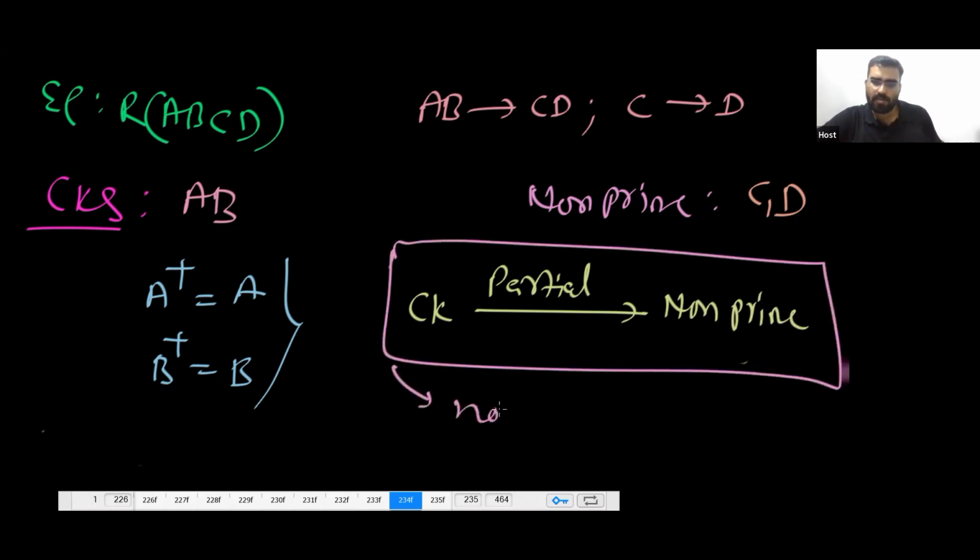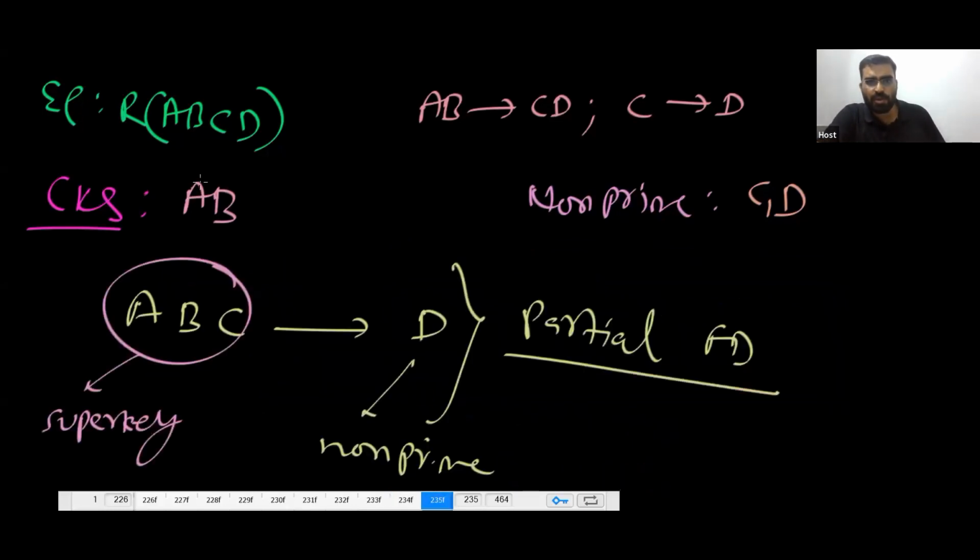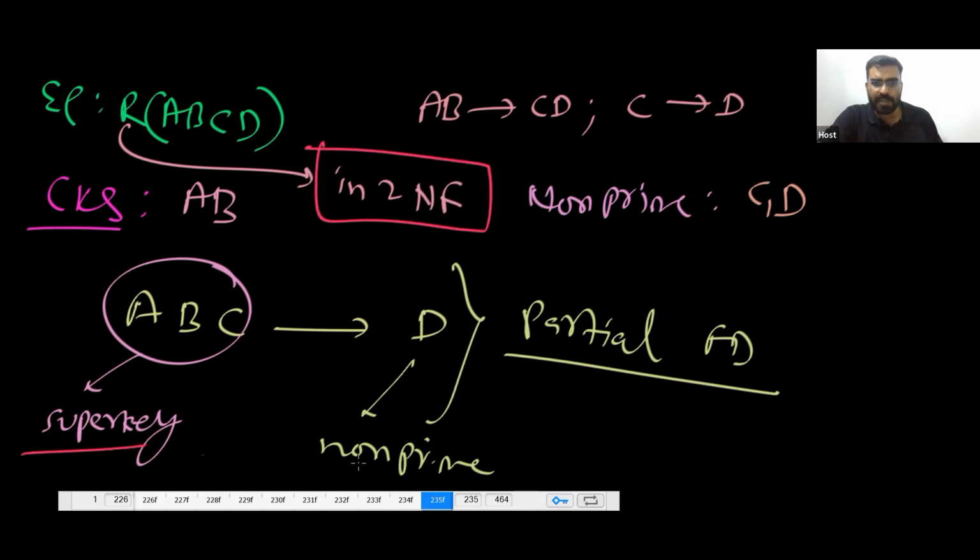So this relation is in 2NF. Yes or no? But you can notice what is happening: super key determining non-prime attribute is partial, but still this is in 2NF.